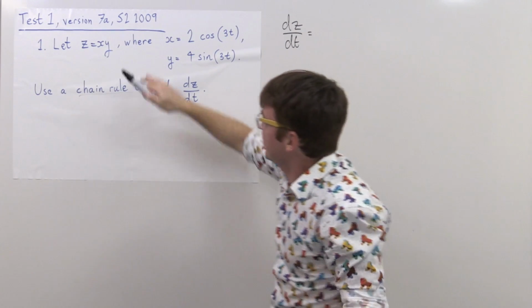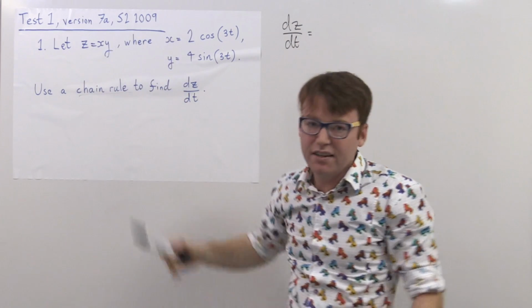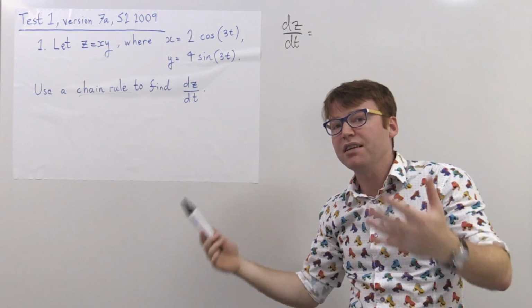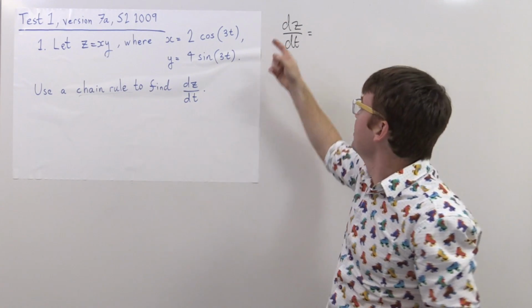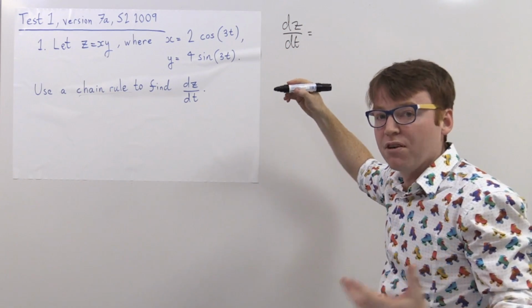When you look at z, disregard for a moment what x and y actually are. It's a function of x and y. So to apply the chain rule, you take the derivative with respect to each of its variables.